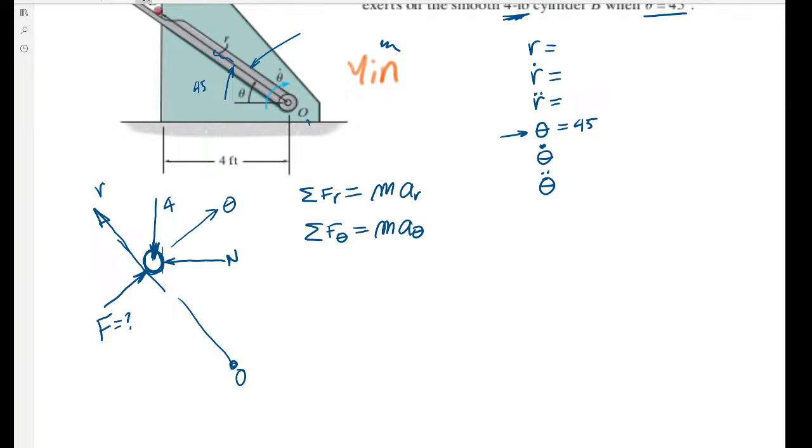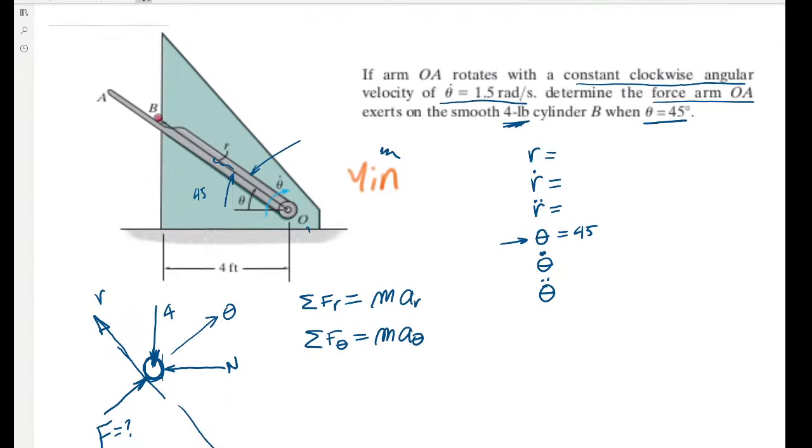The first thing you need to do, this is a touchscreen. So the first thing you need to do is figure out the R value. Okay, here's your R value.